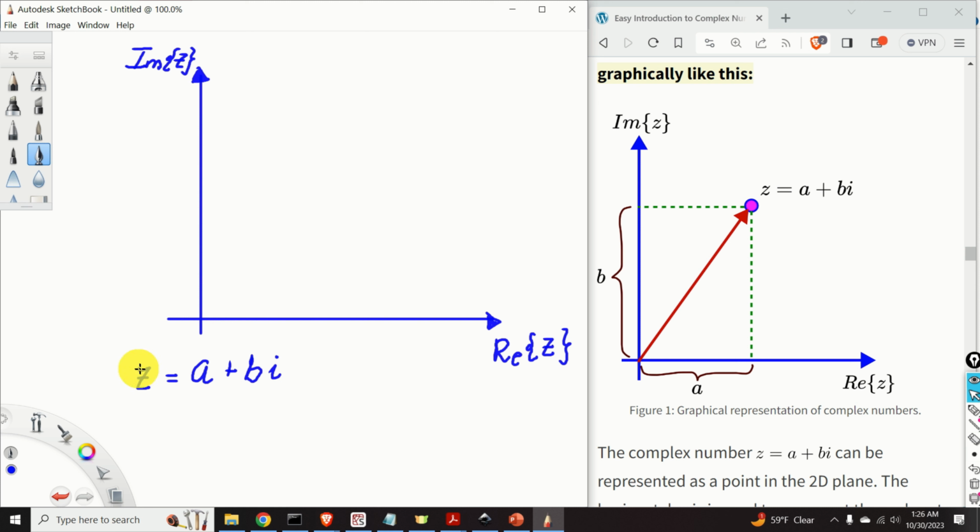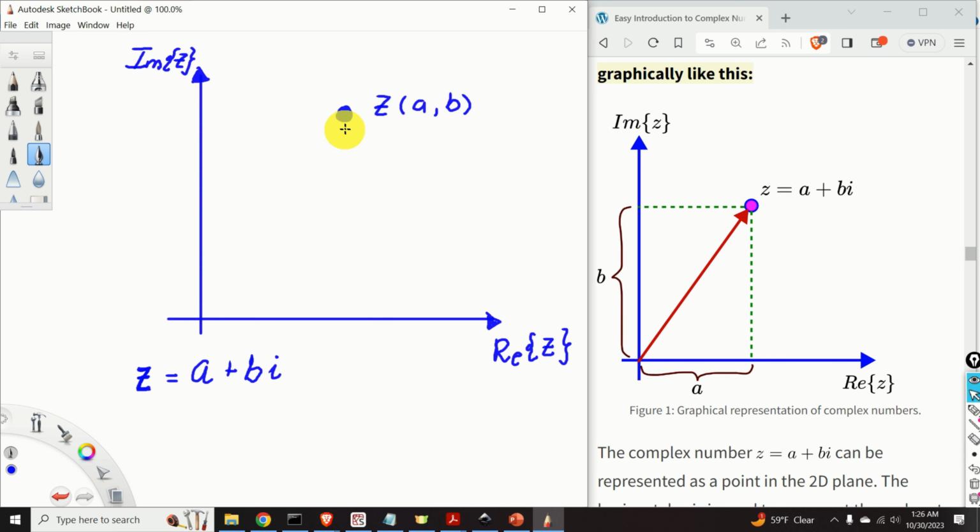Obviously, we can represent this complex number as a point in this plane. For example, it can be represented by this point with the coordinates (a, b).